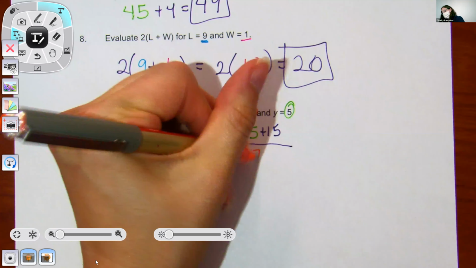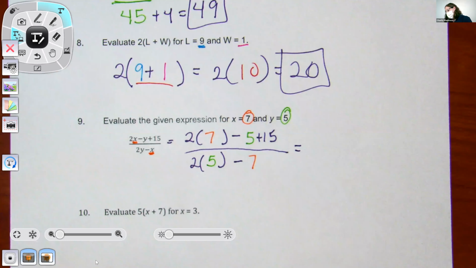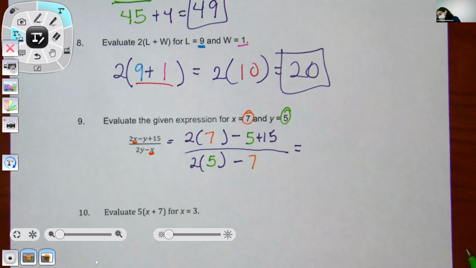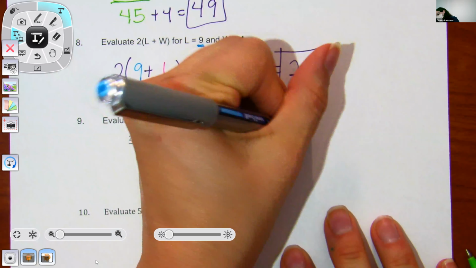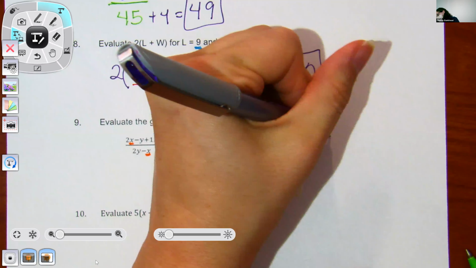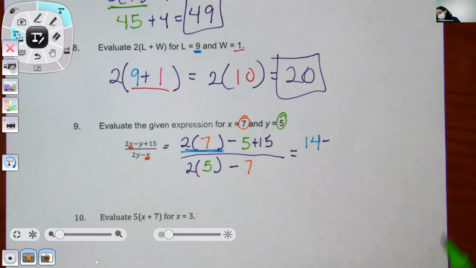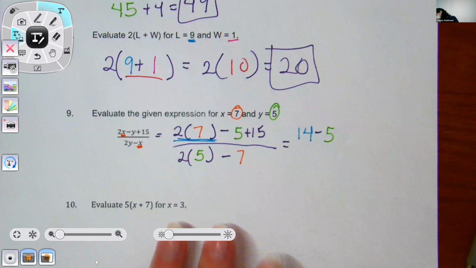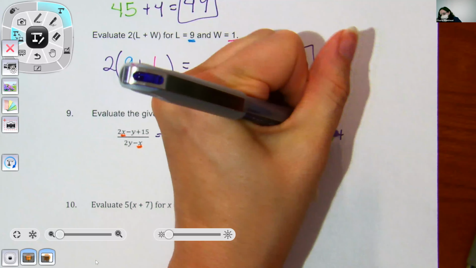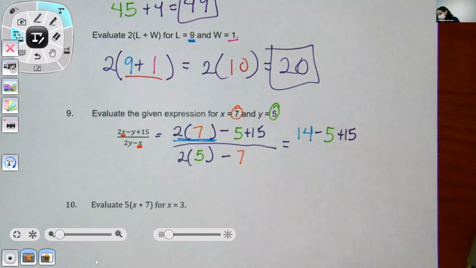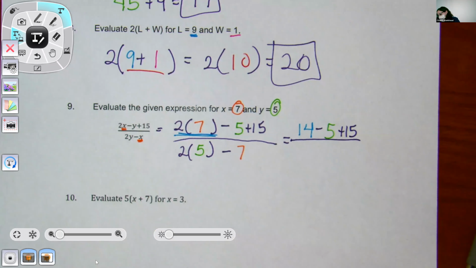All right. So let's work on the numerator. So 2 times 7 is 14. So I have 14 minus 5 plus 15. And on the denominator, I could go ahead and do 2 times 5. So 2 times 5 is 10.